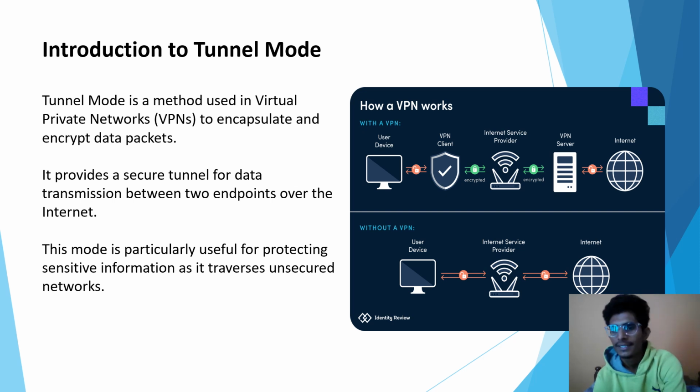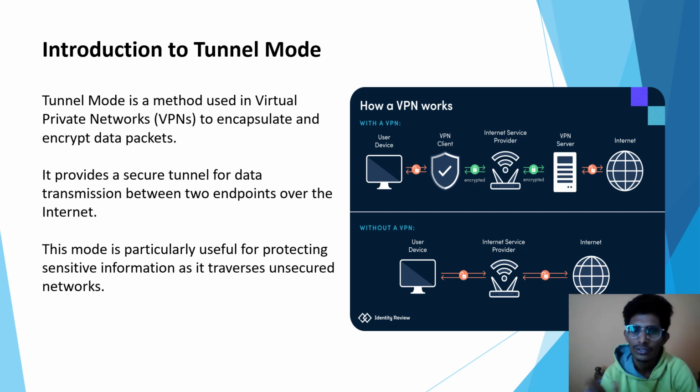The data transferred through the internet service by the VPN client will be encrypted, preventing unauthorized access. Like this, using a VPN, the data is encrypted and secured between the two endpoints.